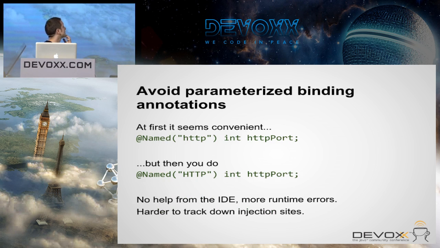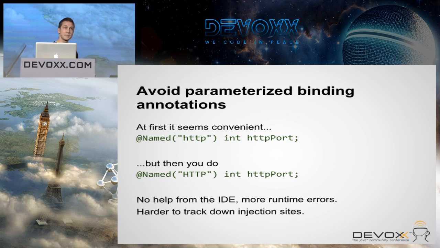Along the same lines, you want to avoid parameterized binding annotations if possible. The big culprit here is the Named annotation, which allows you to pass in any string. It's very convenient to use at first, because you avoid having to define custom binding annotations for each new use case where you need this qualification. But you sacrifice some safety here.